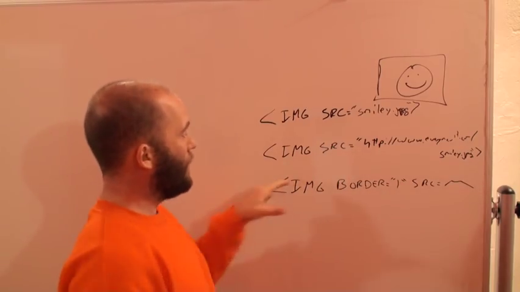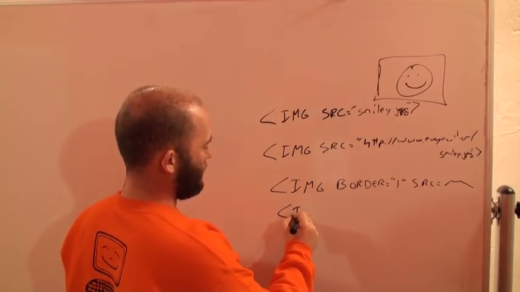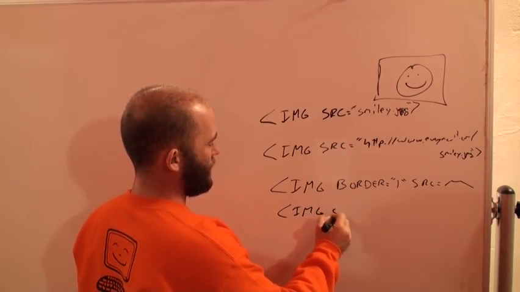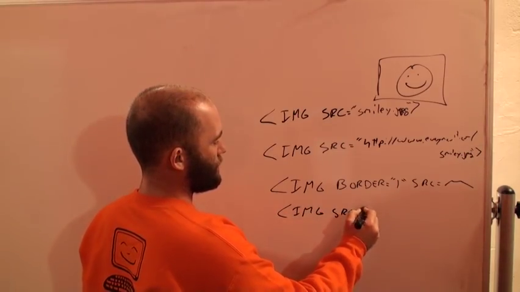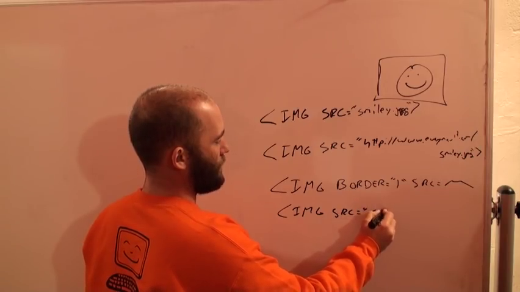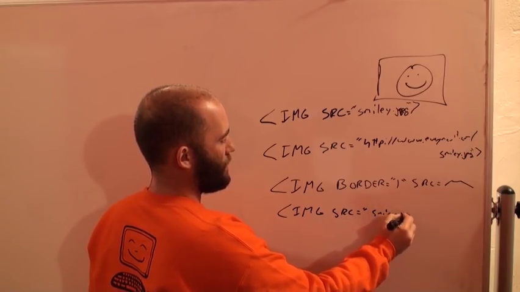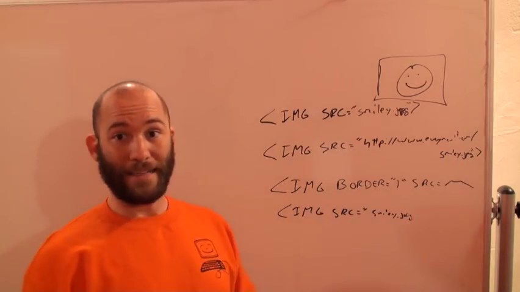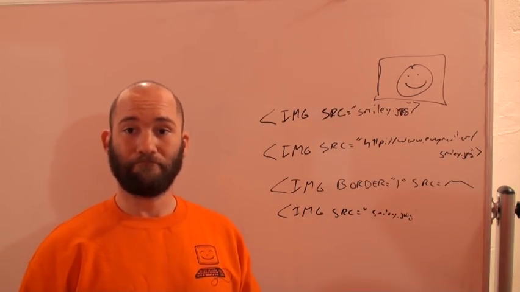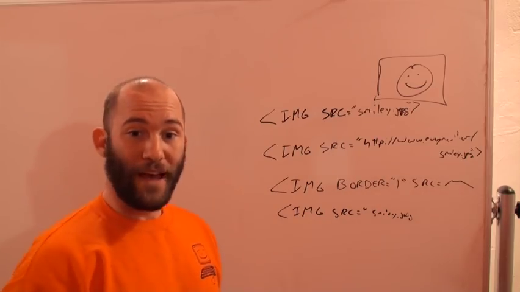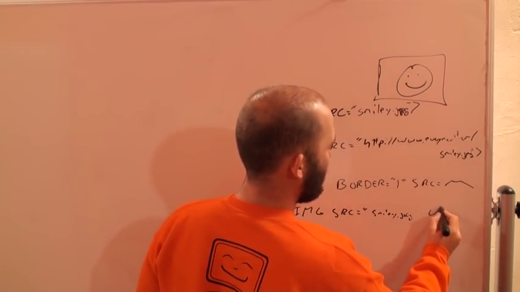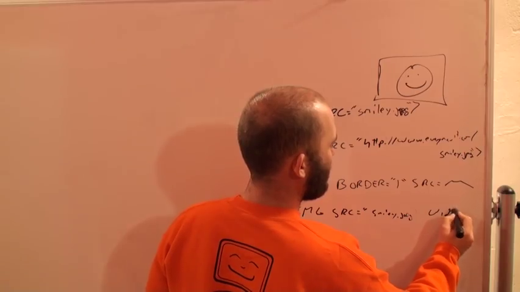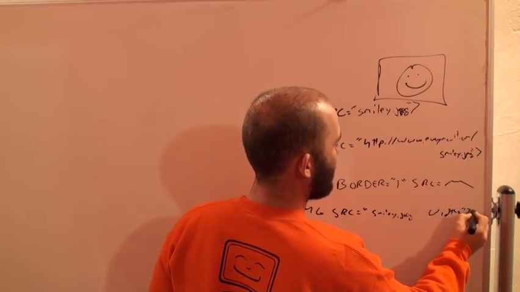So if you type in the whole image src equals and then smiley, this line of code will insert the smiley JPEG into the web page. Well, after that, you can say space width equals, I don't know, 300.